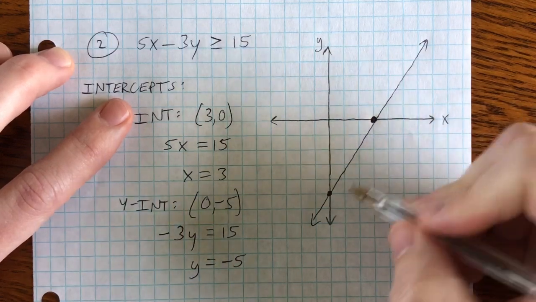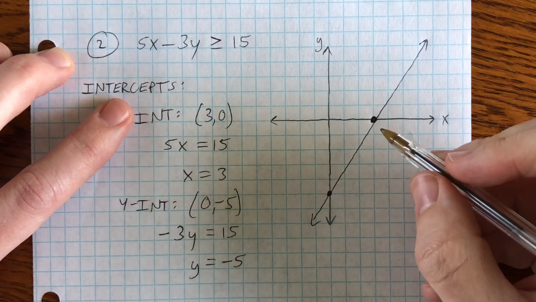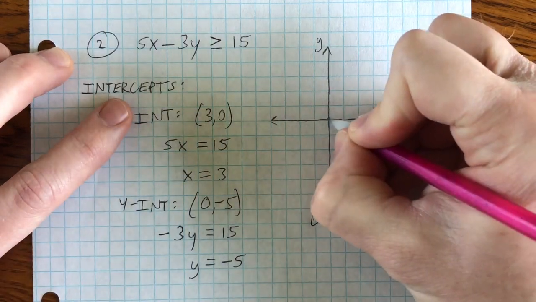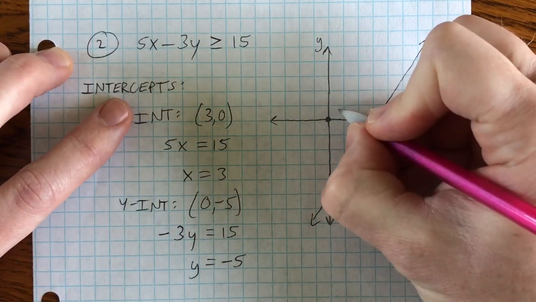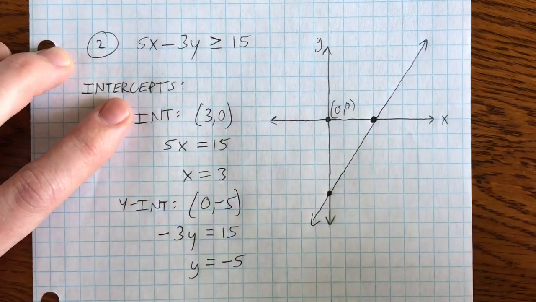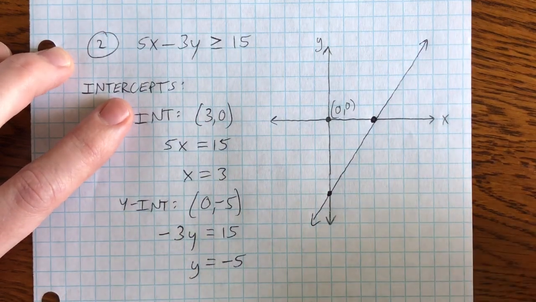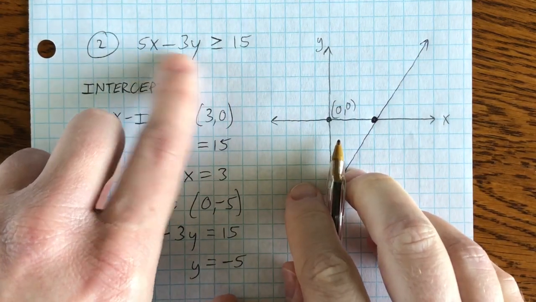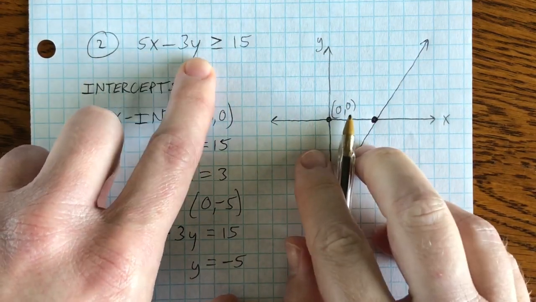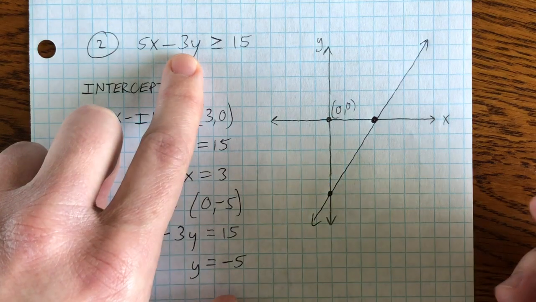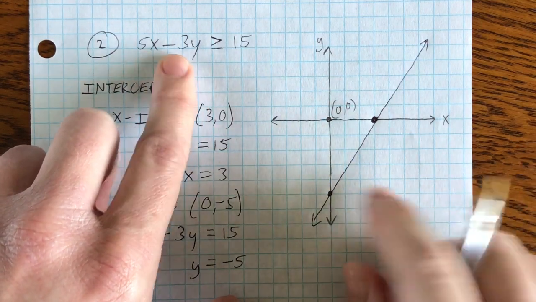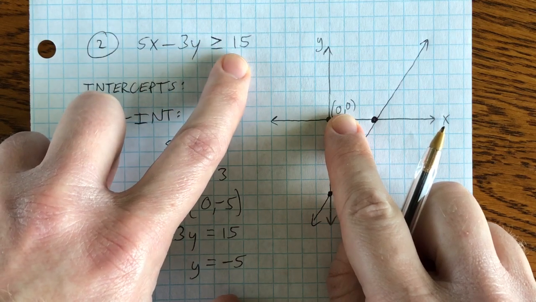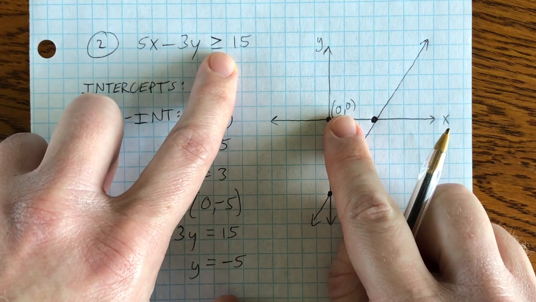I have my line here, and now what I'm going to do is come up with a test point. I'm going to again test 0, 0. I'm testing the origin. If you were to replace the x and the y here with 0 and 0, would you get a true statement? Is 0 greater than or equal to 15?